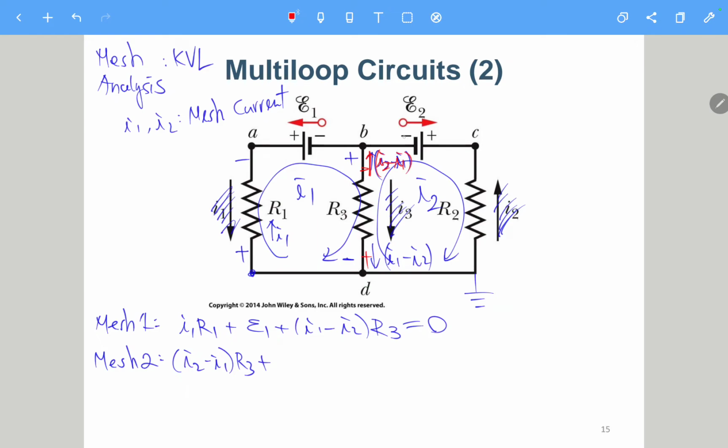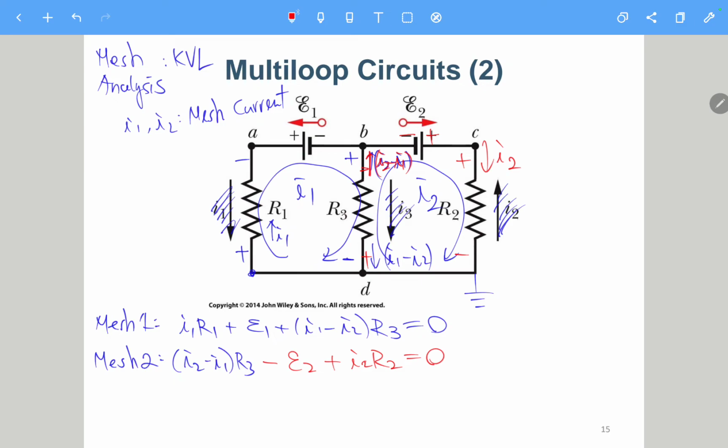And then this is negative, this is plus, so we should subtract E2. And then this is plus, this is minus, and this is I2, so we should have plus I2 R2 equals 0.